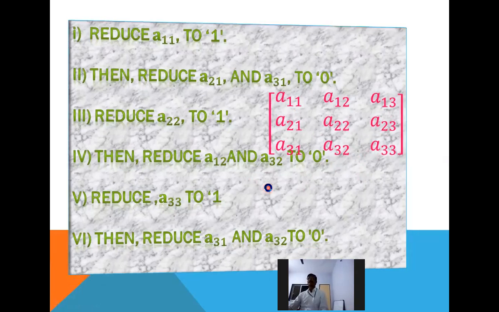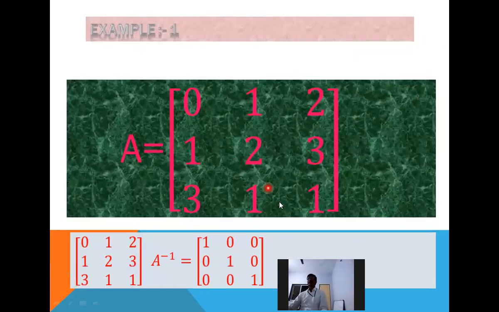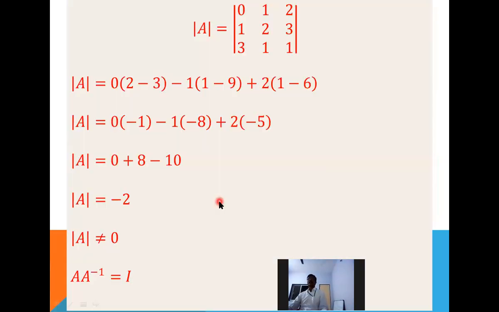Okay, now we take one example. Suppose that this is the matrix A and we have to find out the inverse of this matrix. Then our first step is to check whether the given matrix is invertible or not. So we take the determinant of this matrix, and we know how a 3 by 3 determinant is solved.